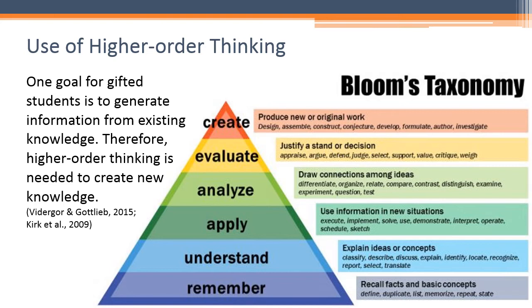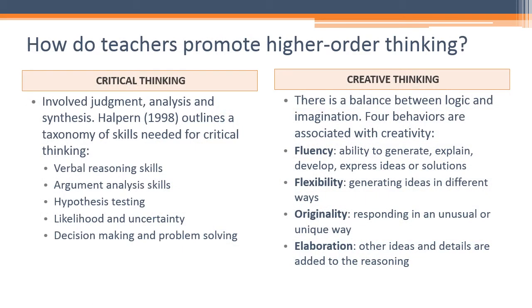So if we are going to devise questioning using the higher order thinking, we need to see this pyramid or the taxonomy of cognitive process by Bloom. Now, how do teachers promote higher order thinking?